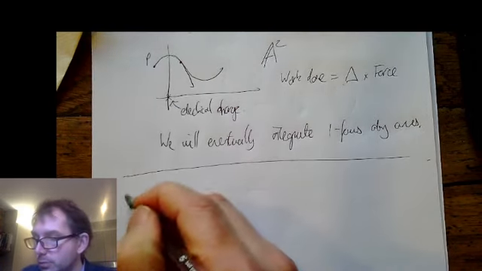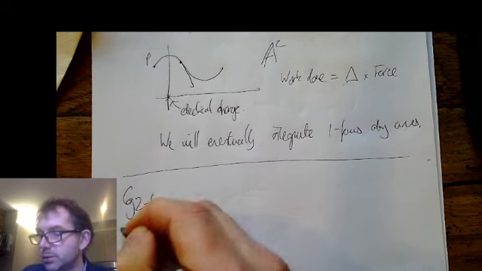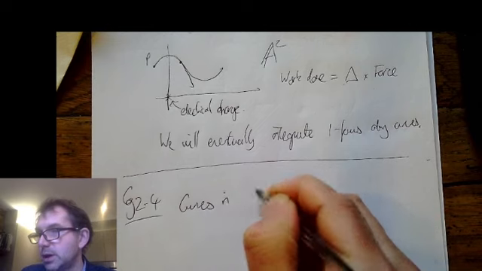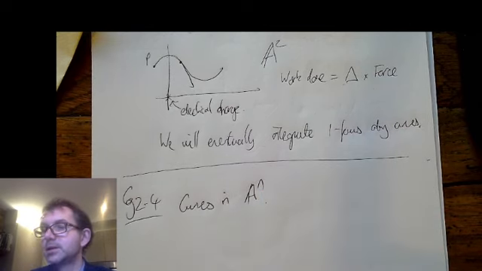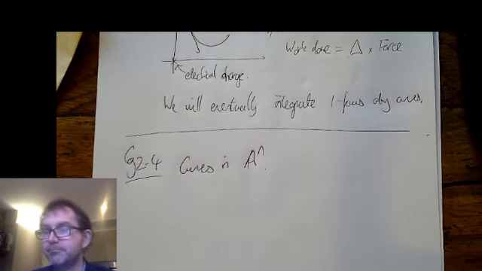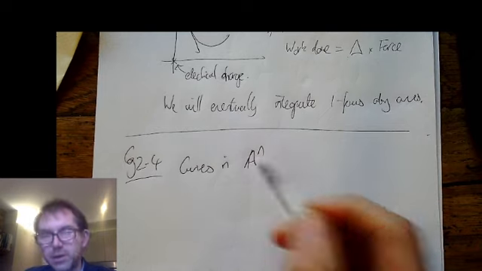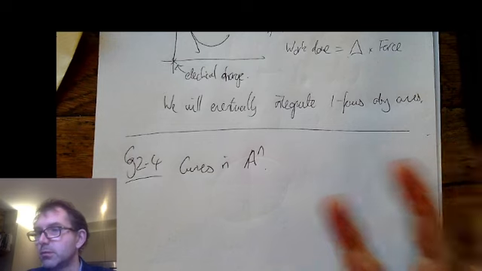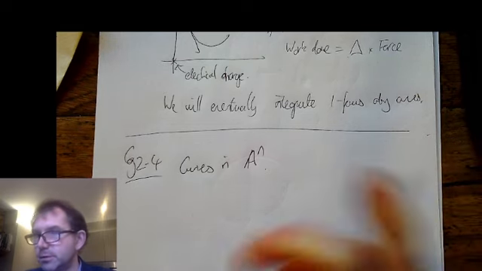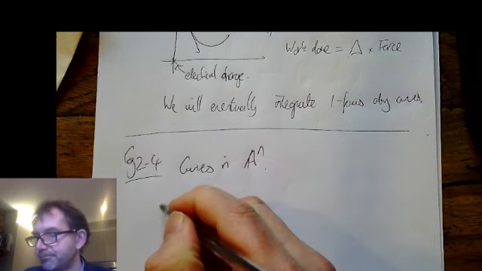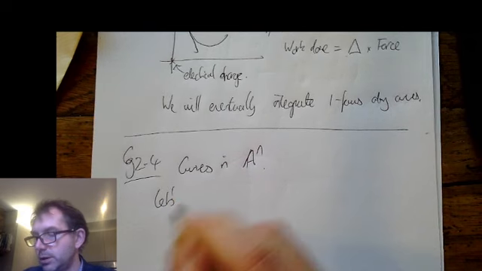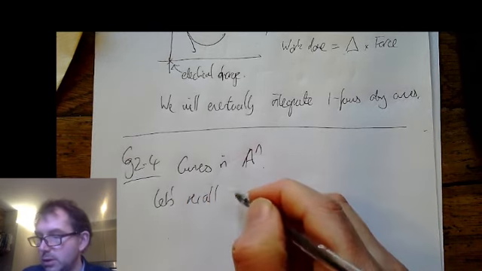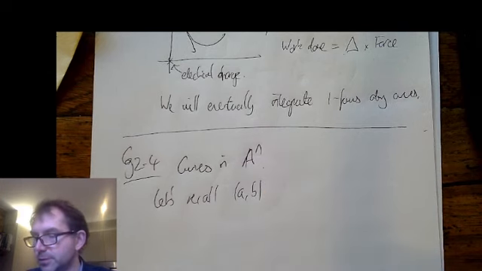So we're going to start 2.4, and this is going to be curves in A^n, so affine n-space. We're going to assume we've picked an origin here, so everything is going to be relative to some origin. In order to define a curve, I'm going to need to recall some things about intervals.